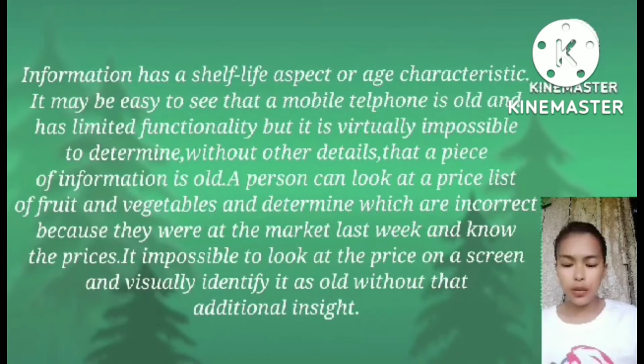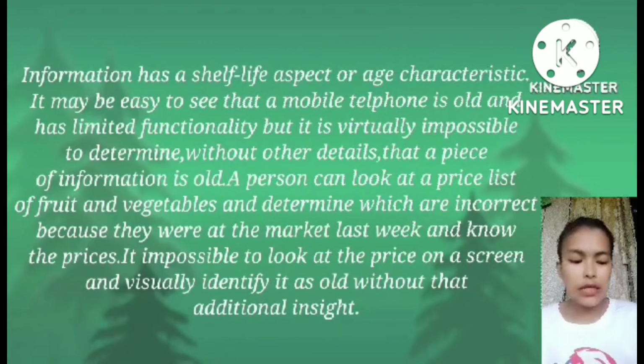A person can look at a price list of fruit and vegetables and determine which are incorrect because they were at the market last week and know the prices. It is impossible to look at the price on a screen and usually identify it as old without that additional insight.